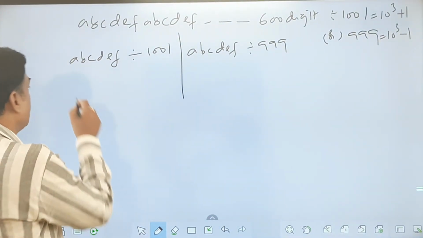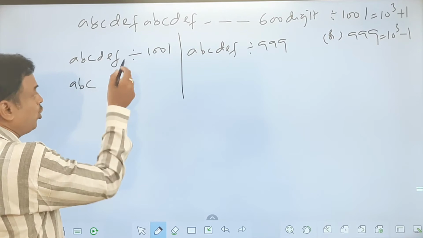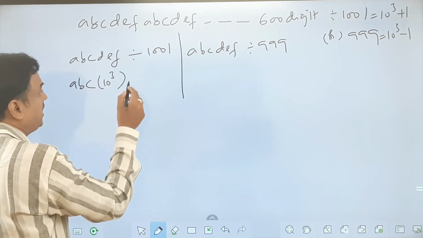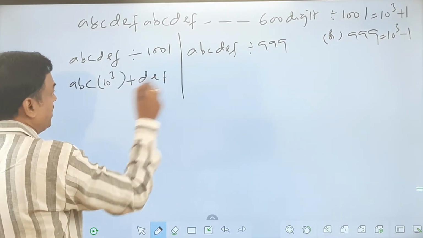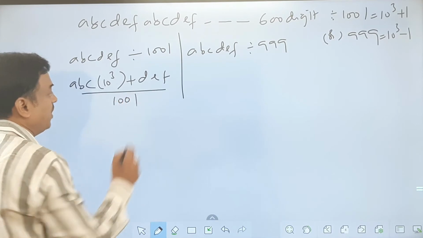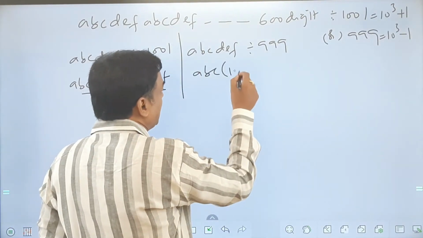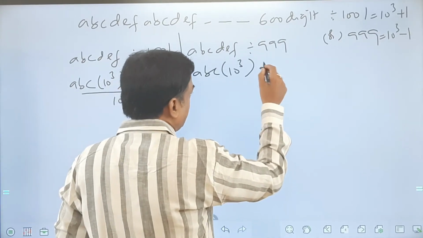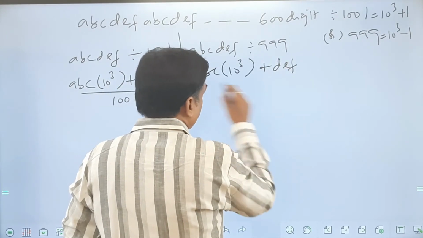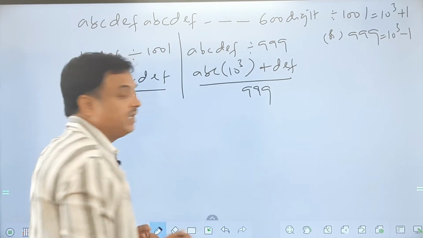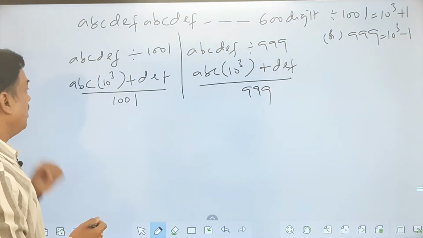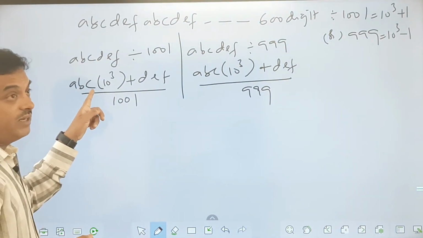I can write A, B, C followed by 3 digits as ABC times 10 to the power of 3 plus DEF divided by 1001. Same thing applies here also: ABC times 10 to the power of 3 plus DEF divided by 999. Fair enough? Now, ABC is any 3-digit number.